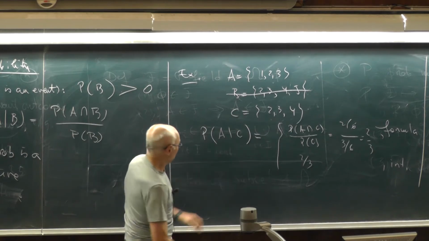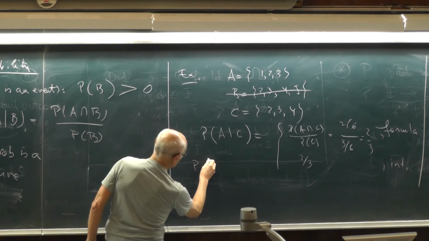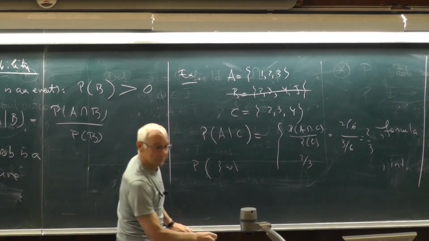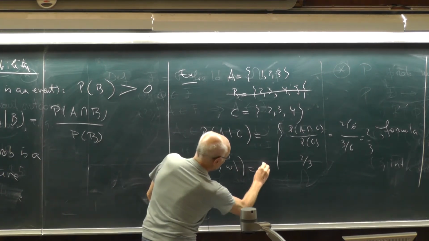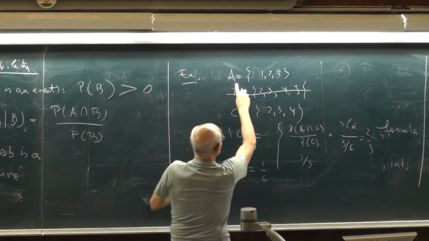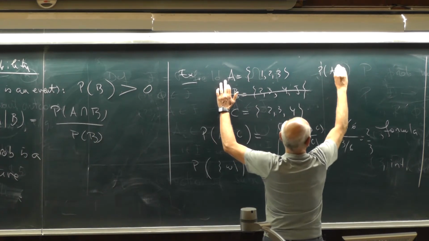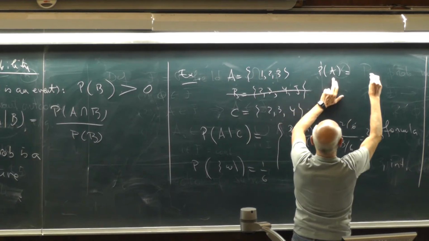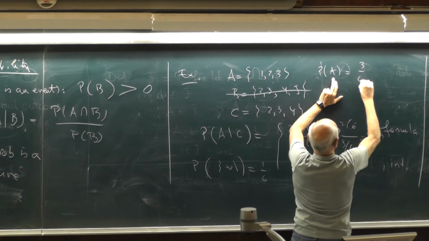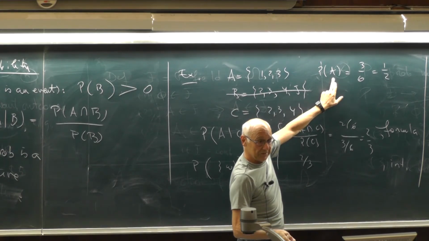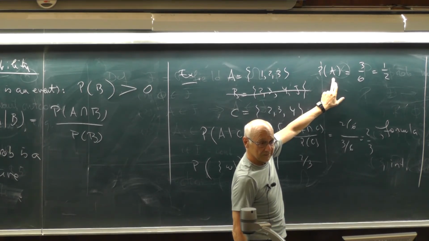The probability measure I'm using here is that the probability of any outcome in this particular experiment is equal to 1 over 6. That's the probability measure. And when I say that the probability of A is 2 out of 6 or 3 out of 6, I'm using the definition of the probability measure, which is on the sigma field.